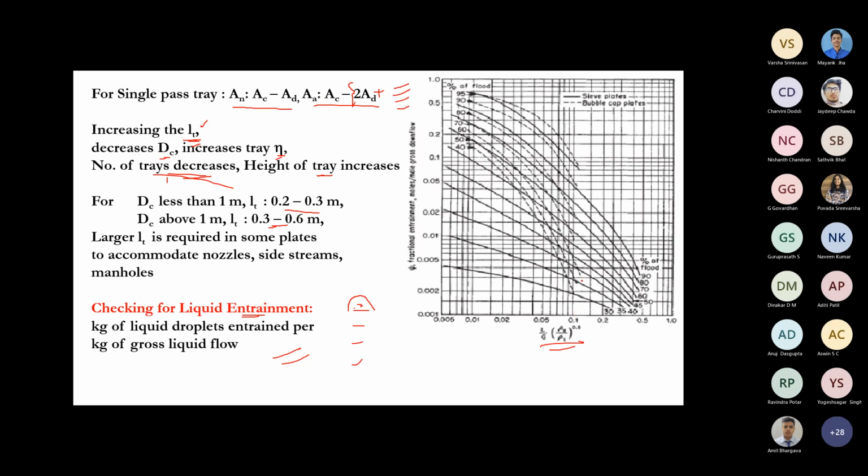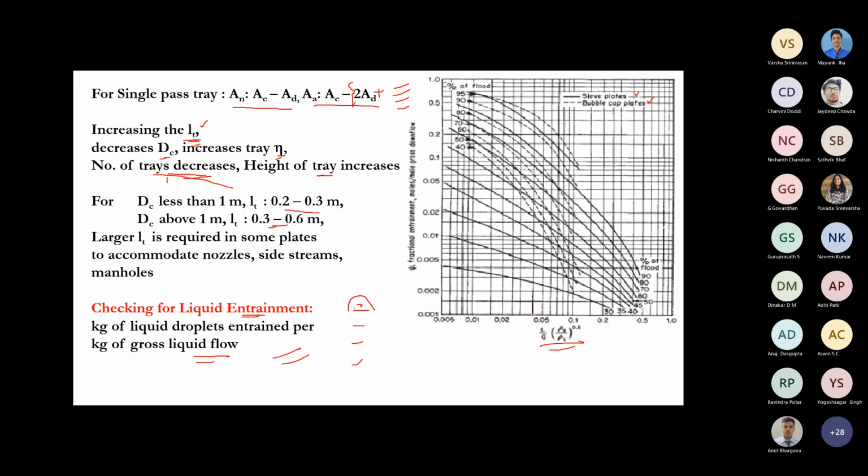Here the y-axis represents the fractional entrainment, that is, moles of liquid entrained per moles of liquid flow. Here you can select the percentage of flooding. For sieve plate and bubble cap you have two different types of lines: the continuous line indicates the sieve plate, and the dotted line indicates bubble cap plates.